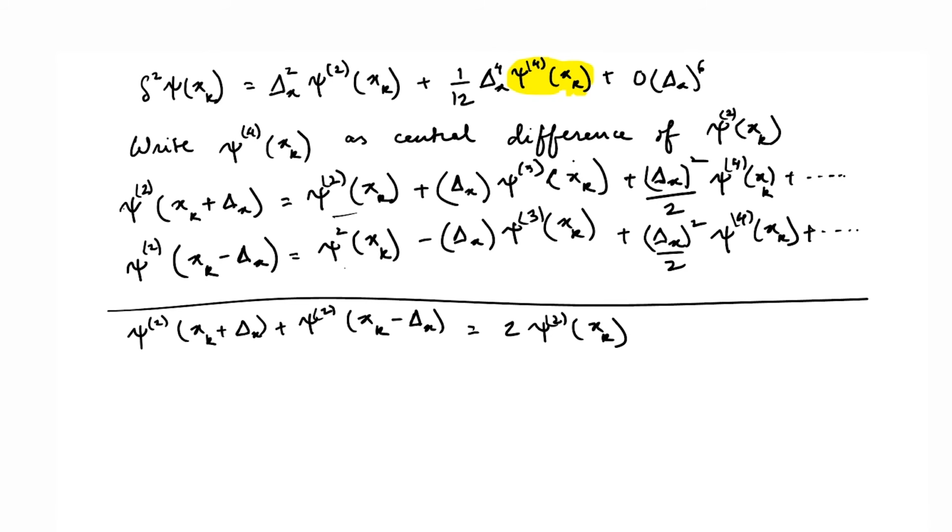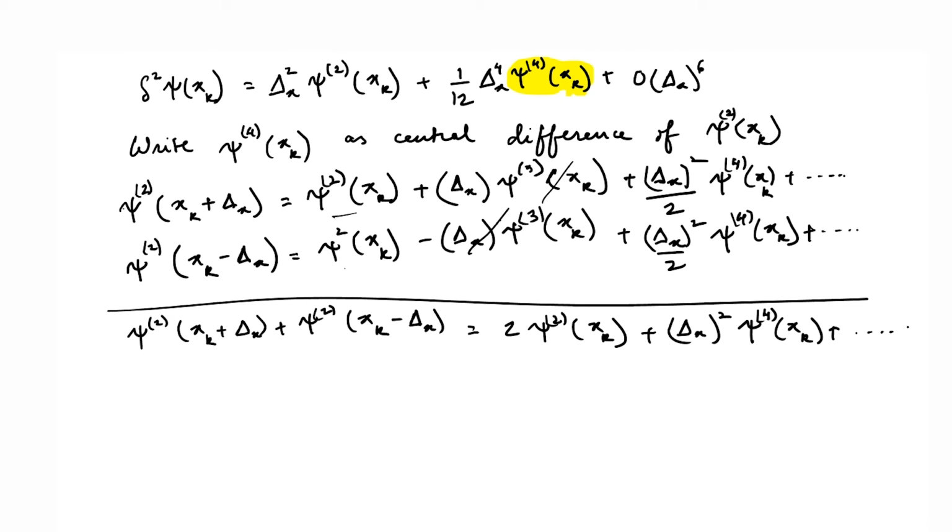These two terms cancel out when I add them, and here I get twice the same term, so I will get delta x square times the fourth derivative of psi at x k plus other higher order terms.